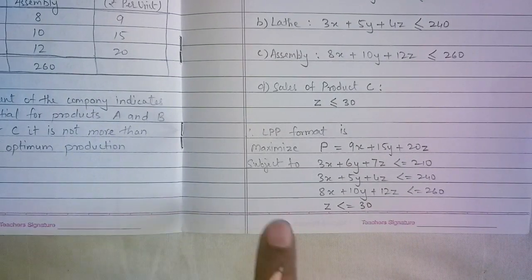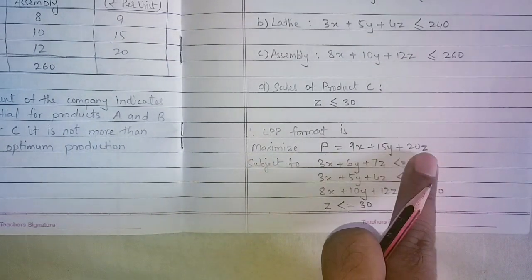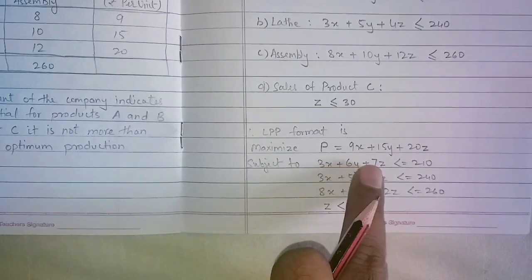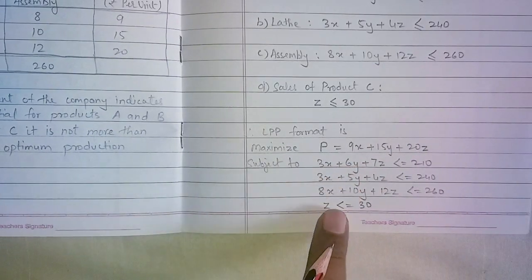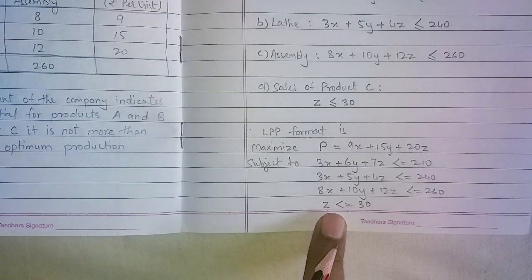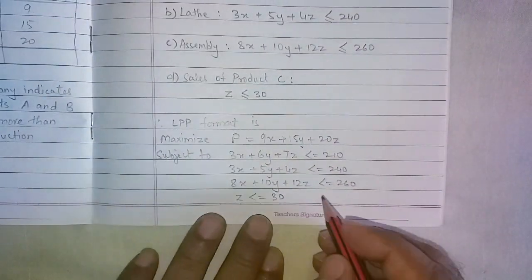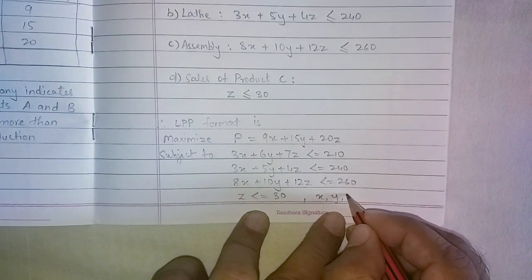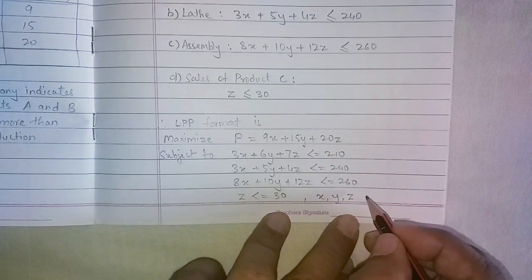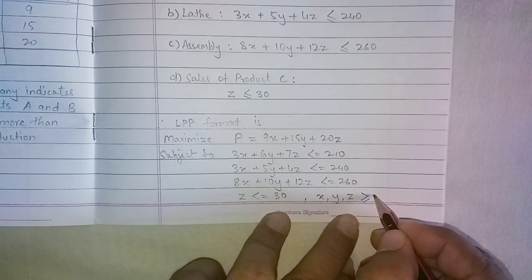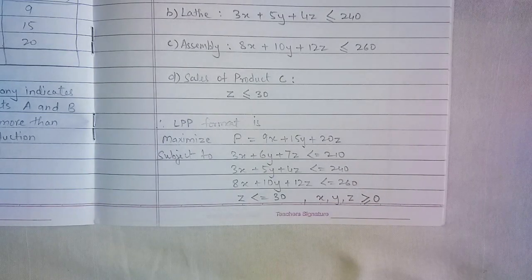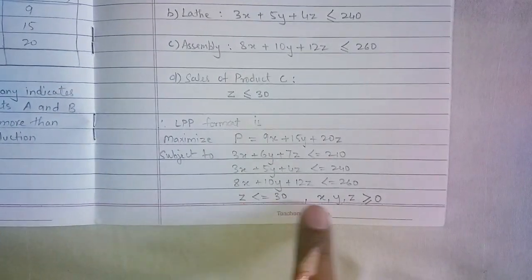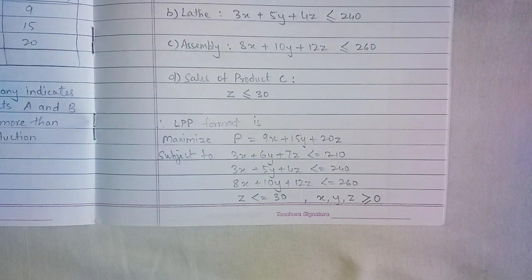Now this is the maximization or the objective function. This is my constraint set. Apart from all these regular constraints which are given to you, there is one more constraint which says that your variables x, y and z should be greater than or equal to 0. This is known as the non-negativity condition or non-negativity constraint. This completes my whole LPP problem.